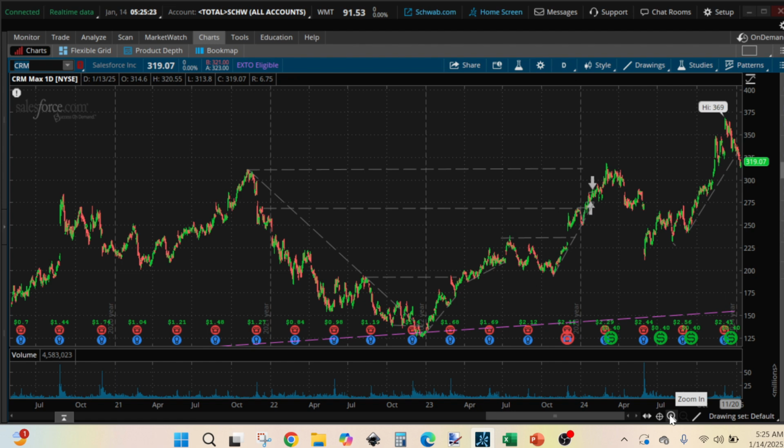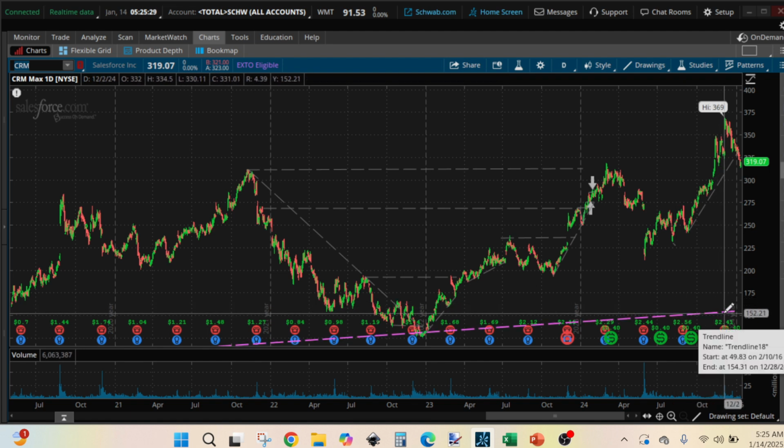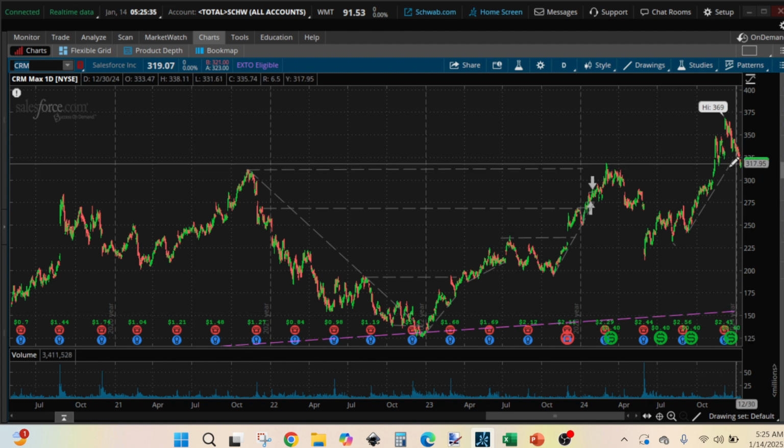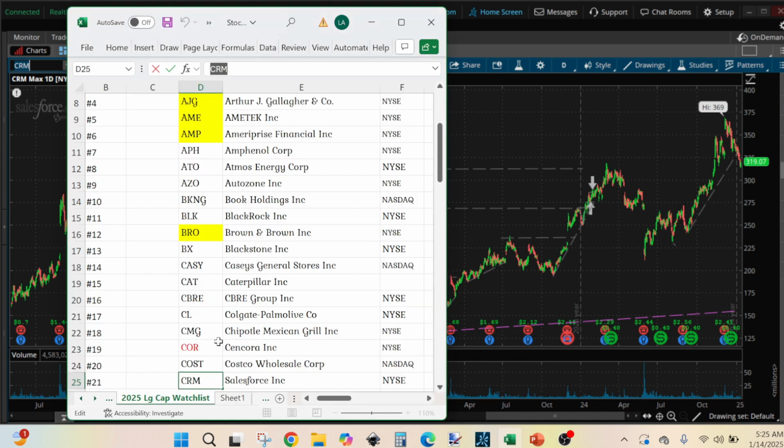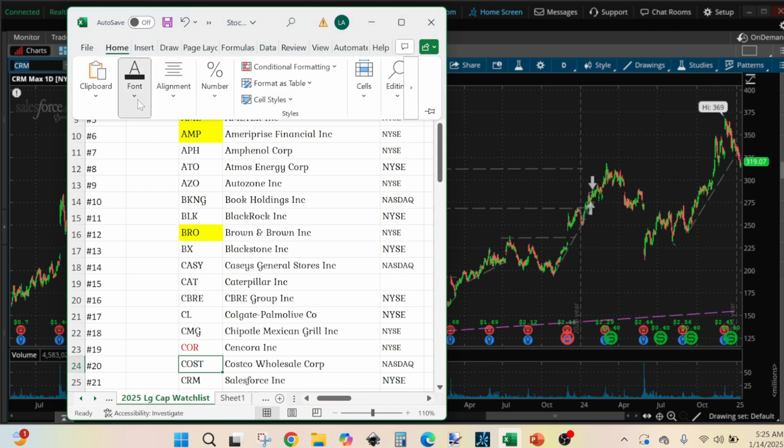We like to buy this one at this trend line, and right now this trend line ended, is going down. So let's put a cost in red so that we know the one that we saw that are good to buy. Whether I will buy that one or I will let my daughter buy it does not really matter.